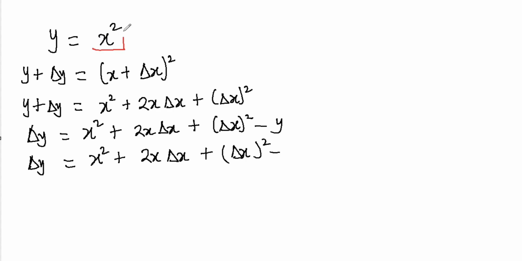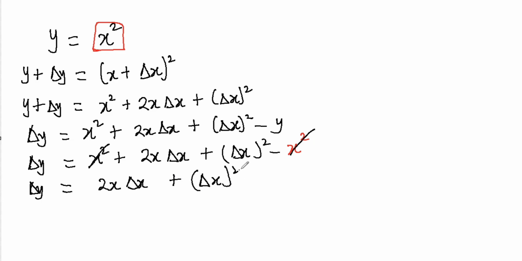So I can just replace y with x squared. So here x squared can cancel out x squared. So you are left with change in y equals 2x change in x plus (change in x) squared.